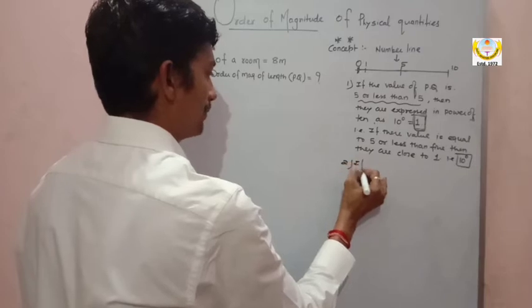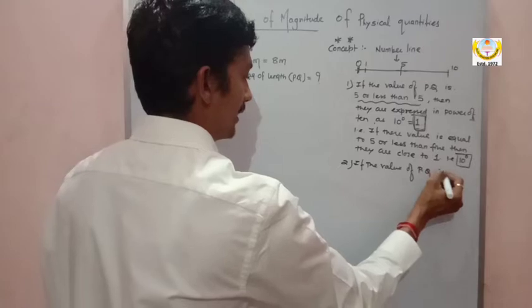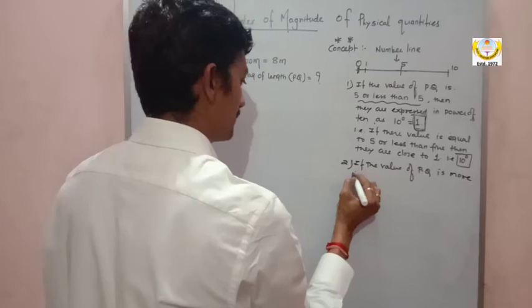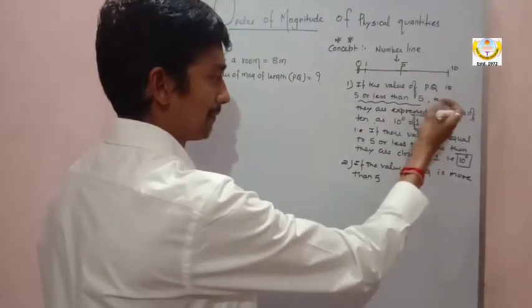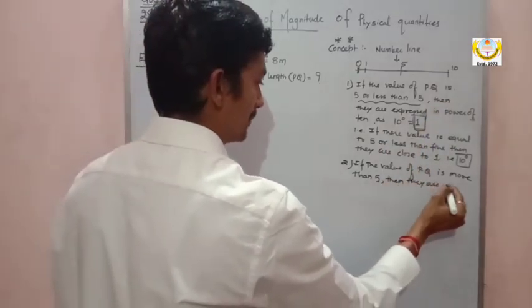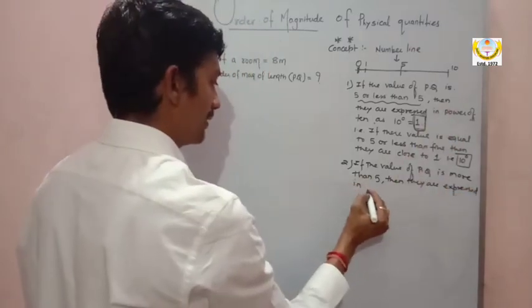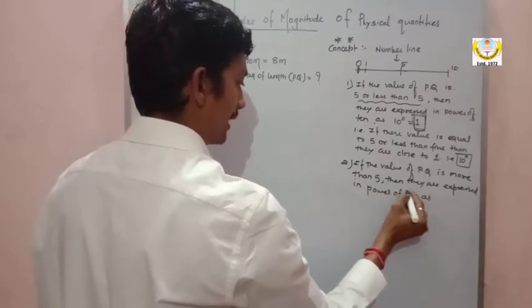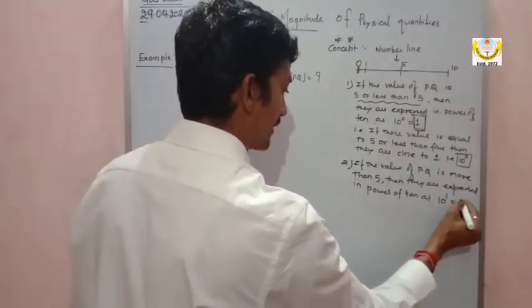Second, if the value of a physical quantity is more than 5, then they are expressed in power of 10 as 10 to the power 1, that is equal to 10.